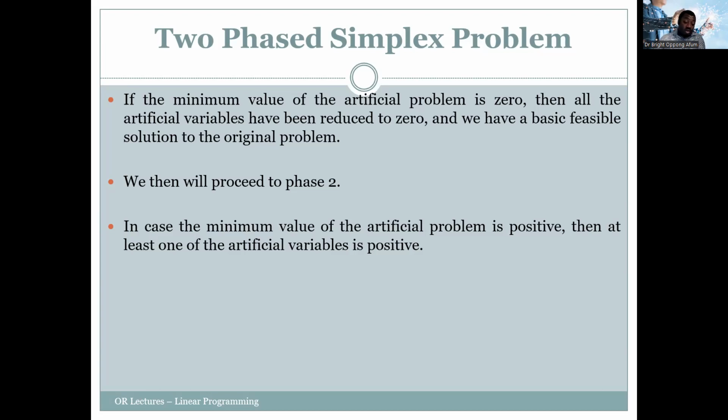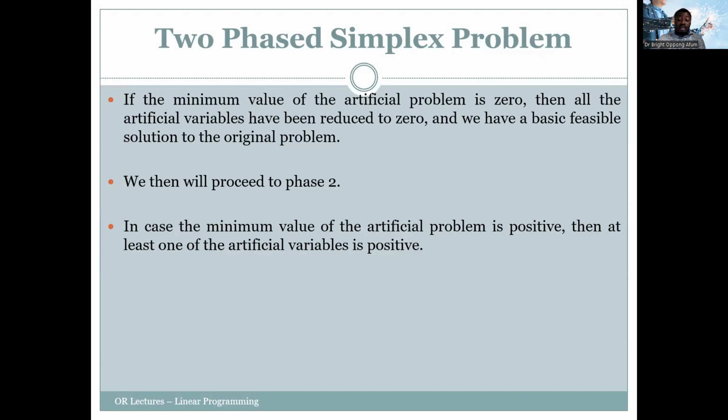Remember that we don't know what the artificial variable is, so we want, at least in the first phase, to remove it. Our main target is that the artificial variables will be 0.